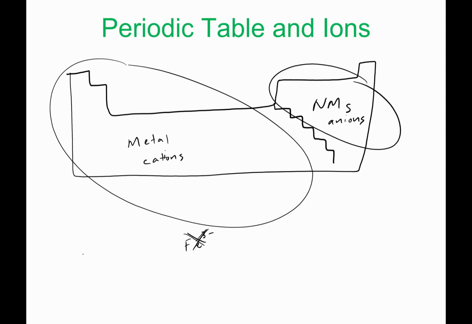So we're going to cover in this video ionic bonding and covalent bonding naming. So with ionic, it's a metal and a nonmetal. And you just name the 2 ions.